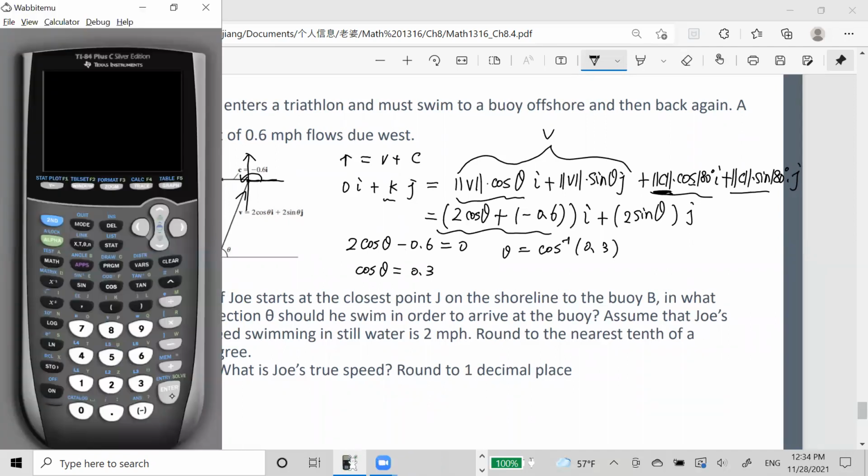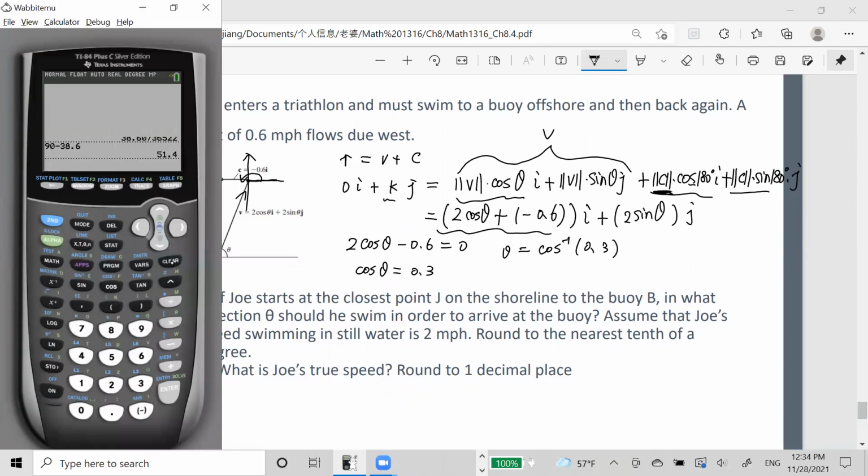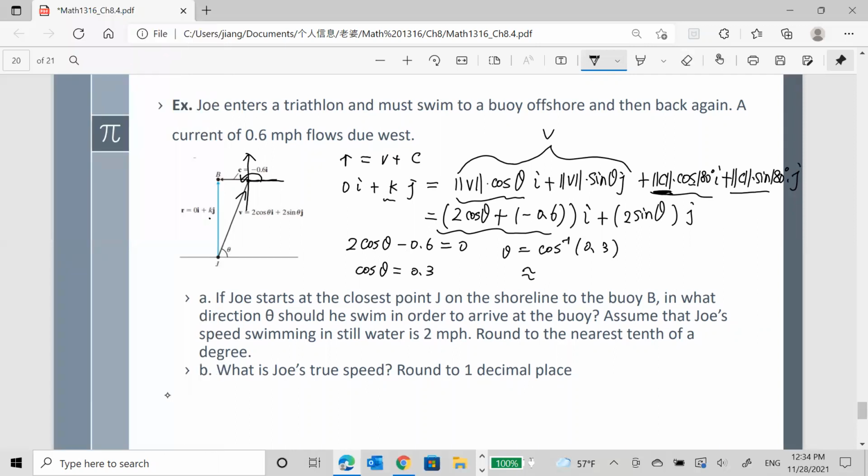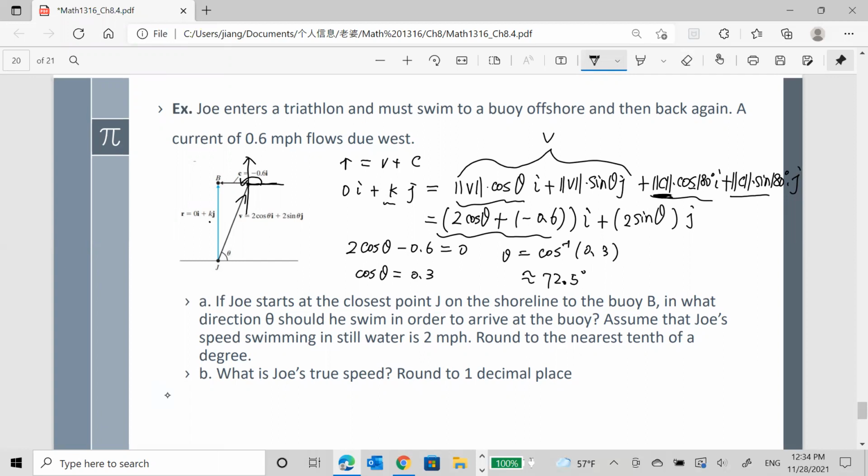Let's use a calculator to find the inverse cosine of 0.3. It's 72.5 degrees. So we know theta. This is what question A is looking for.